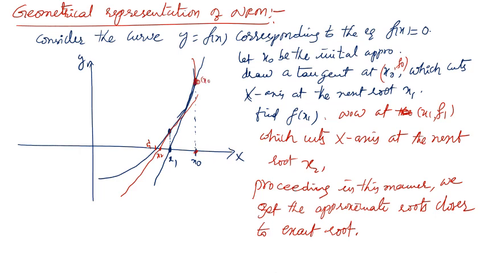This is x naught comma f of x naught. Draw the tangent at this point which cuts the x-axis at the next approximate root x1, and find f of x1 on the curve. At that point draw the tangent which cuts at x2, and find f of x2. At this point, draw a tangent. Like that, if we go on drawing the tangents at the approximate roots, the approximate root tends to the exact root. This is the geometrical representation of the Newton Raphson method.